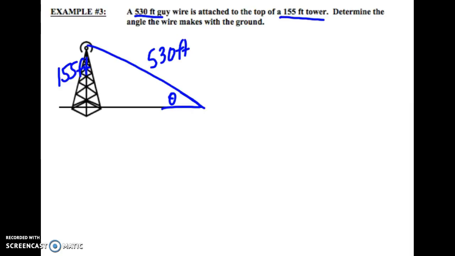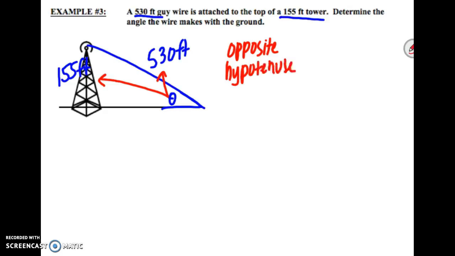Thinking of the information that we have in order to solve for theta, we have the opposite side and we have the hypotenuse. Think of SOHCAHTOA. Sine is the only one using opposite and hypotenuse. So we'll be taking the sine of theta, and since sine is opposite over hypotenuse, we'll be taking 155 over 530.